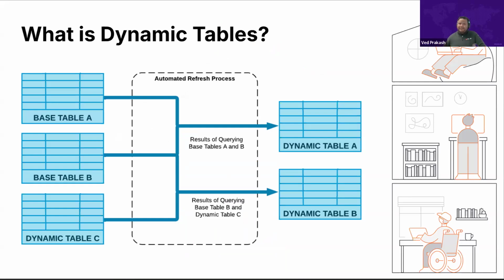They allow you to define transformations on your source tables A, B, or C, which are automatically kept up to date as new data arrives. So you have a table which is a combination of two tables, and if data arrives in either one of them, you still want to keep your dynamic table up to date.